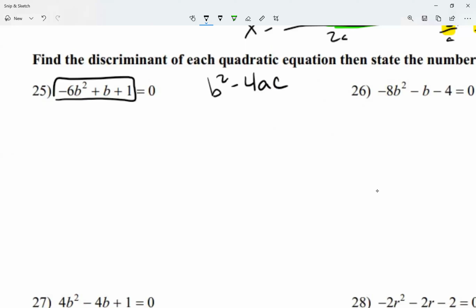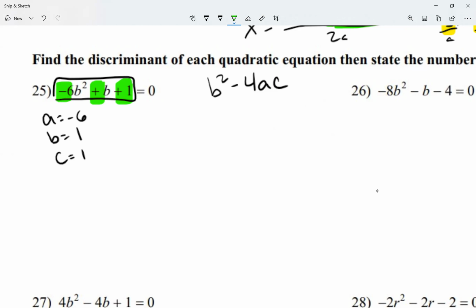According to my trinomial, my a value is negative 6, my b value is positive 1, and my c value is positive 1. Where did I get those values? There's my a value. The one in front of the b is a 1b, so that's my b value. And the number at the very end, positive 1, is my c value. The variable, in this case, is b. It could be a, it could be r, it could be any letter that we want to write. So I got my a, my b, and my c value.